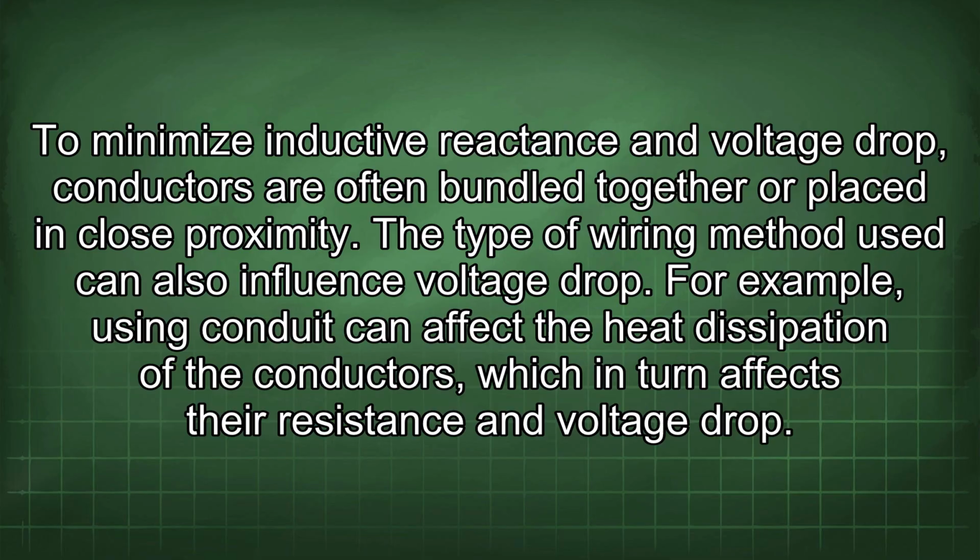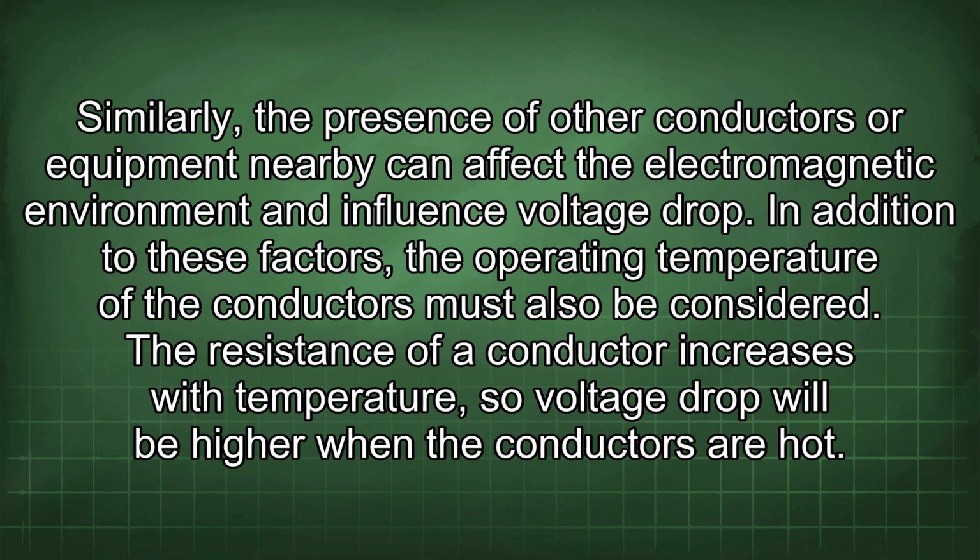The type of wiring method used can also influence voltage drop. For example, using conduit can affect the heat dissipation of the conductors, which in turn affects their resistance and voltage drop. Similarly, the presence of other conductors or equipment nearby can affect the electromagnetic environment and influence voltage drop.